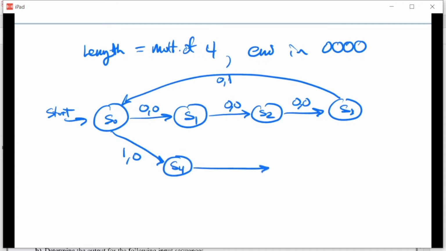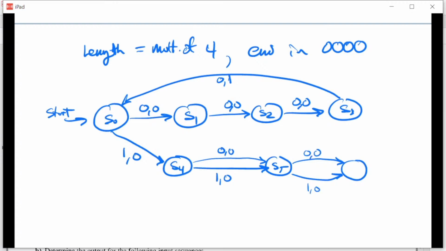And then if I get another 1 or a 0, I move on to S5. And then the same thing. I'm putting this parallel with the track that's going to give me the final bit there, for a reason I'll show you in a minute. 1, 0, 0, 0. And then both of these, this is S6, go back here.